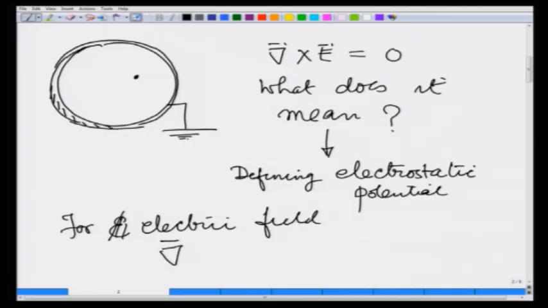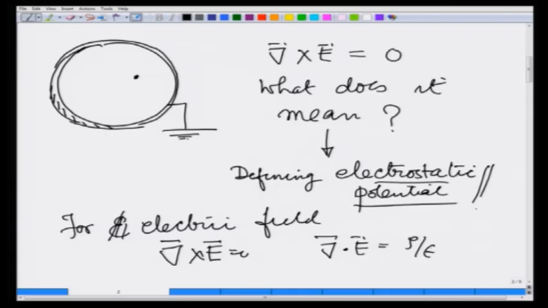We have equations for its curl as well as its divergence, and we will see where electrostatic potential we will have only one equation, because this will be a scalar quantity.